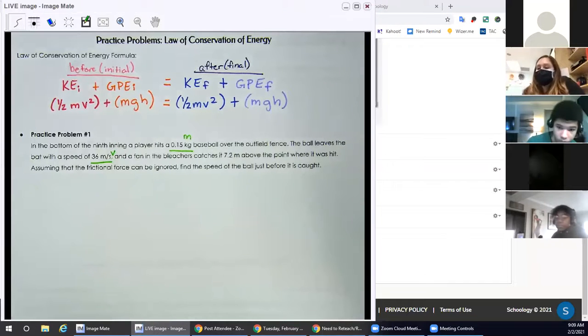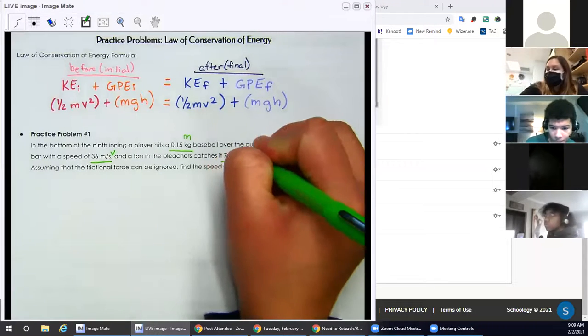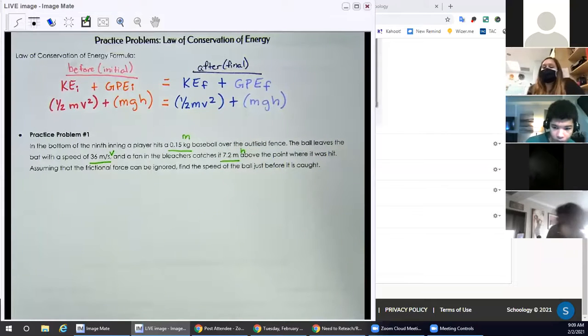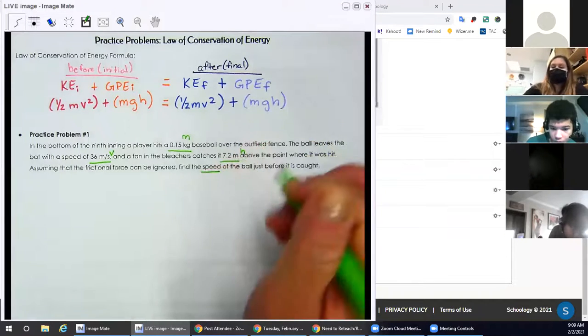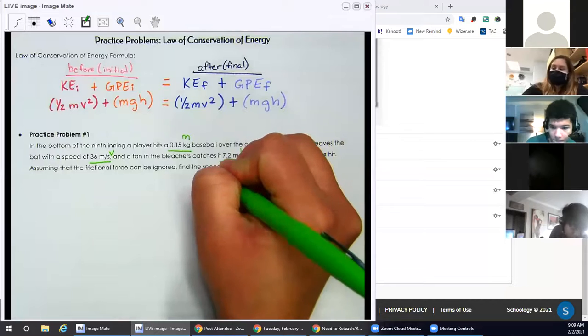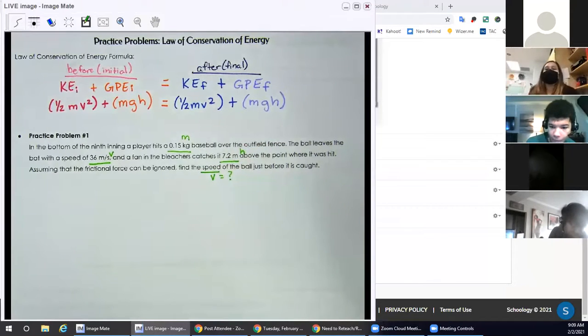And a fan in the bleachers catches it 7.2 meters above the point where it was hit. 7.2 meters, that's my height. Assuming that the frictional force can be ignored, find the speed of the ball just before it is caught. So we're looking for the speed just before it's caught. That's our velocity.